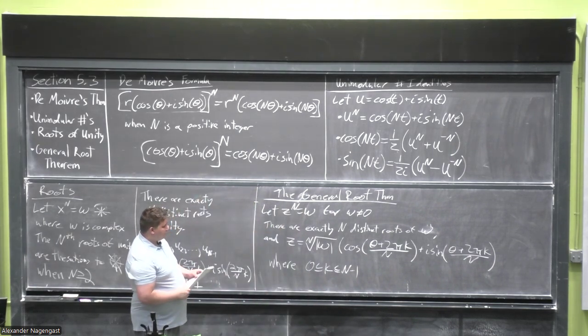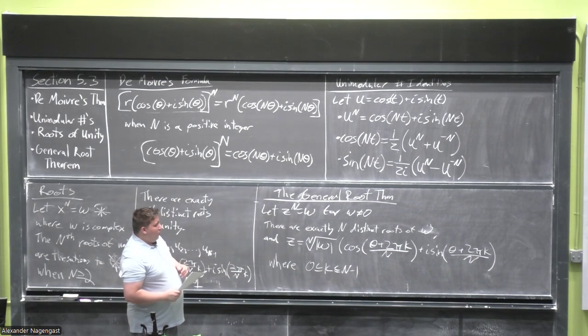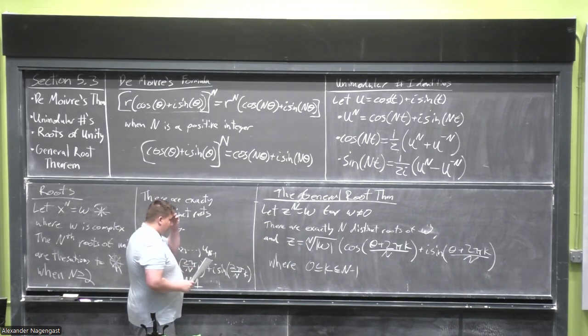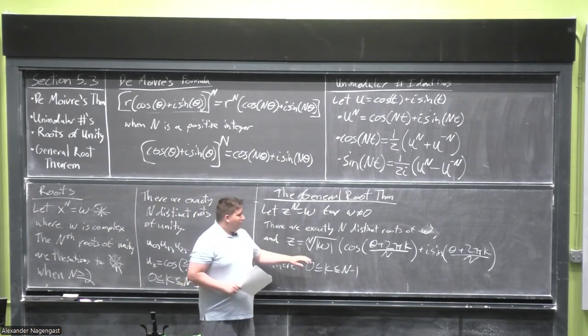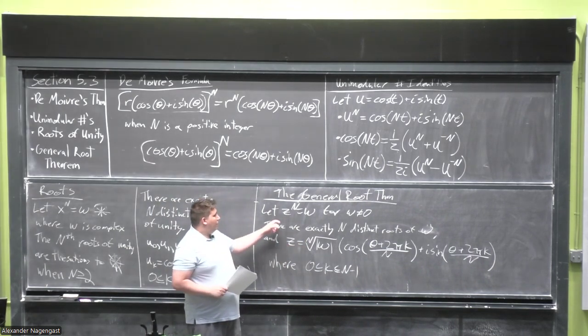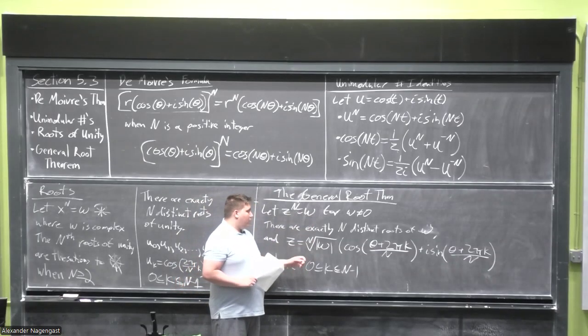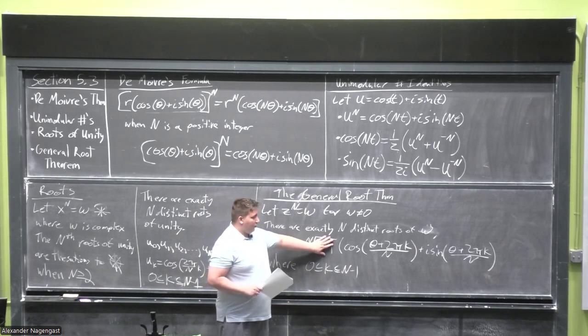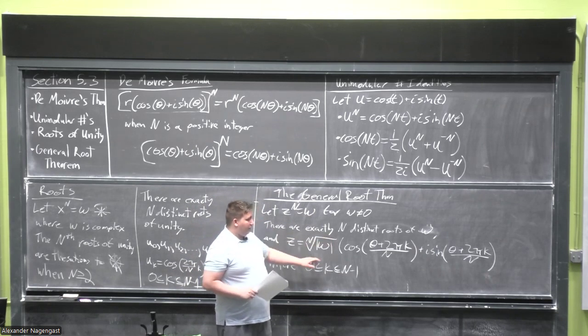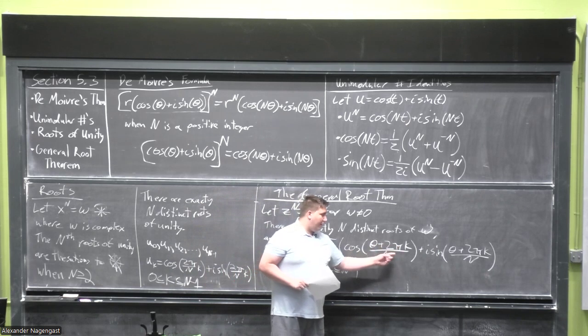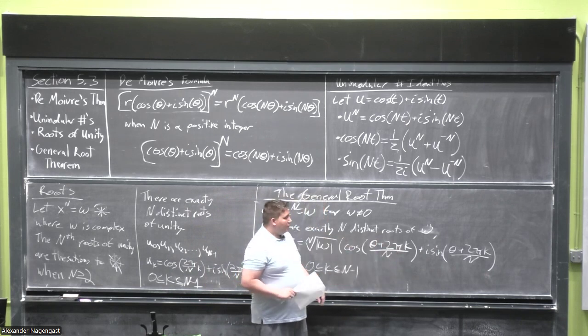So what this is essentially doing is, before when we had a root of unity, which is z to the n equals 1, we didn't have a front term, and we just had this 2 pi k all over n. We didn't have this theta.